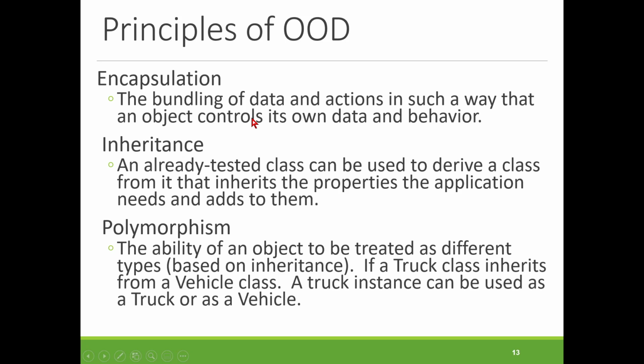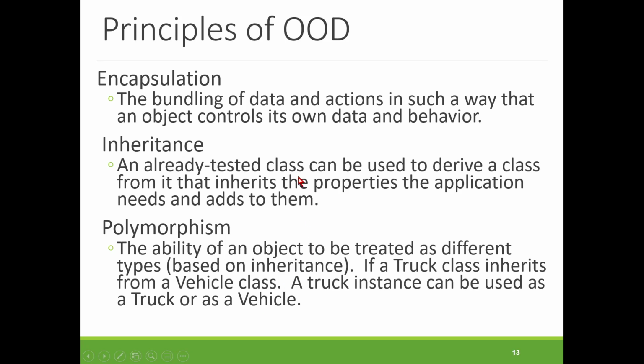Outside code might come in and say that the date is February 30th, 2020. That's obviously nonsense. And encapsulation is one way that the object can protect its own data, make sure that the data is always valid by not just letting other code come in and change the data without being checked. So encapsulation, an object controls itself.